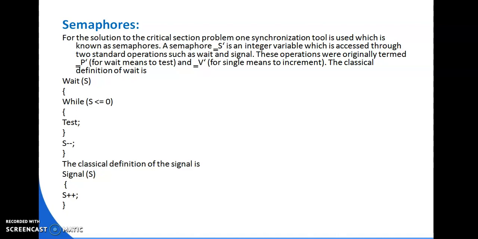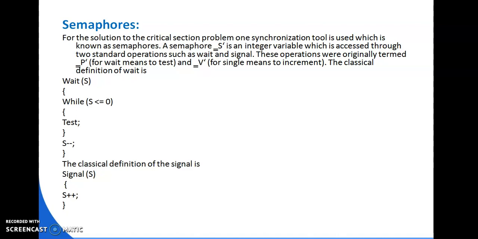We can also use semaphores to solve various synchronization problems. For example, consider two concurrently running processes, P1 with a statement S1 and P2 with a statement S2. Suppose that we require that S2 be executed only after S1 has completed.